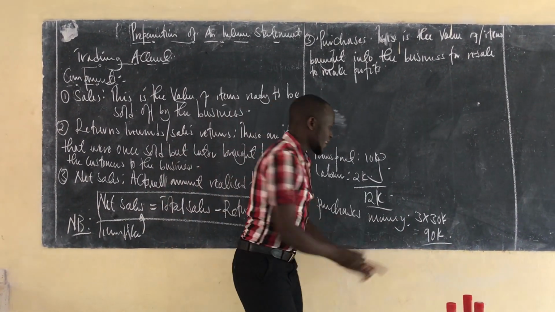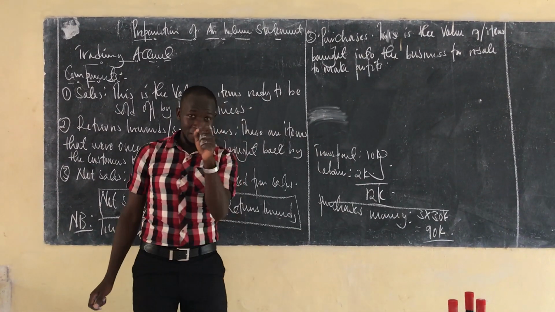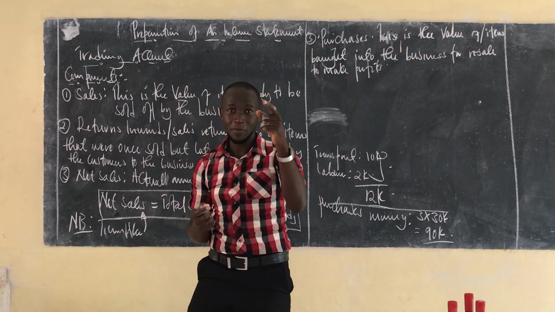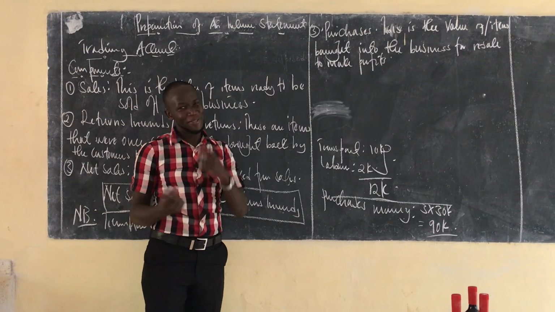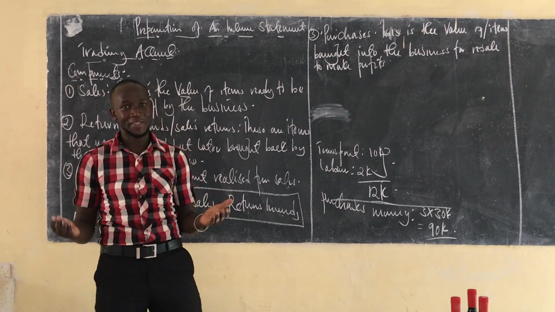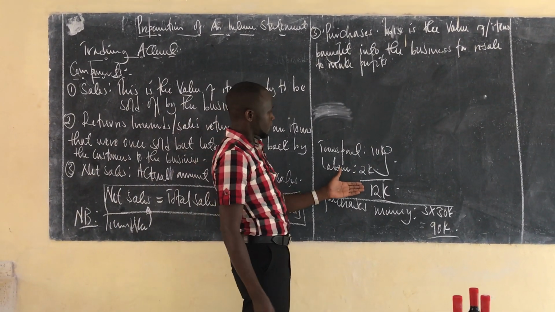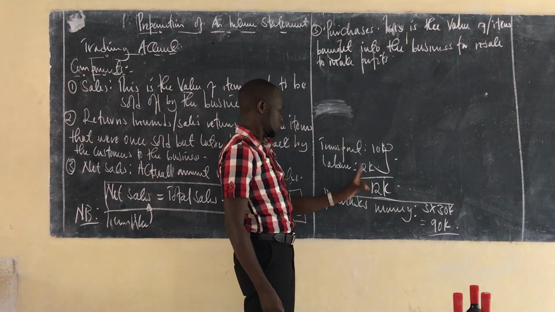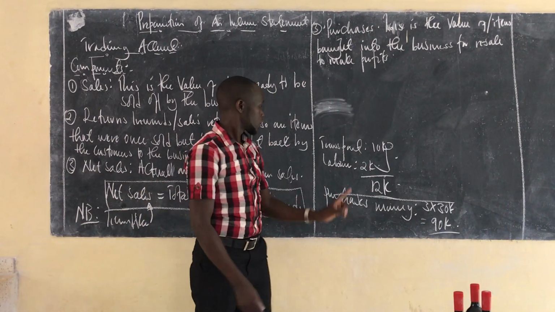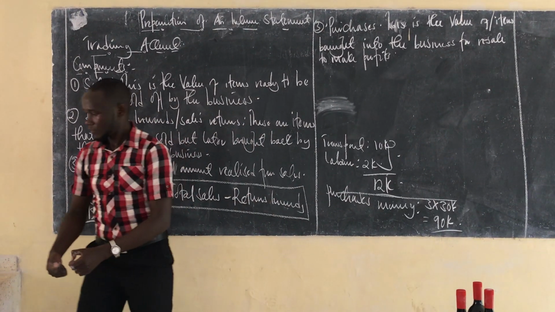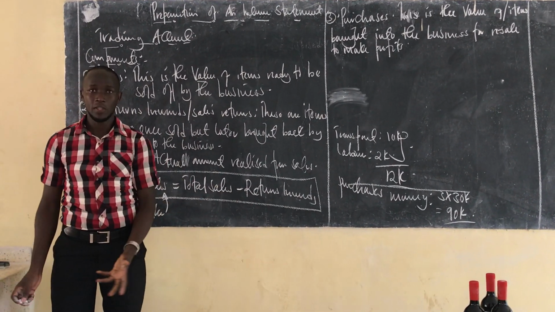Now, 90,000 purchase money. Wait for my question. There is a question that I want to ask you. So I will answer it, but I know you will have answered it also in your mind. Because you cannot give me a direct response, of course. Now, when you look at this, we have 10,000, we have 2,000. 10,000 is the transport. 2,000 is the labor for these people that helped me maybe load on the van.